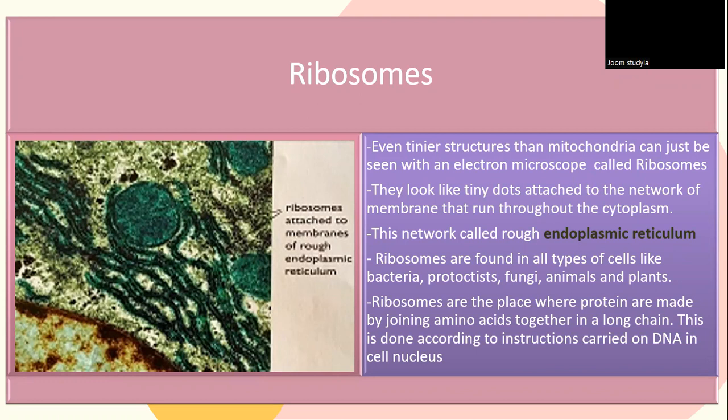And this network we call the endoplasmic reticulum. Ribosomes are found in all types of cells like bacteria, protists, fungi, animals, and plants. Ribosomes are the place where proteins are made by joining amino acids together in a long chain. And this is done according to instructions carried on DNA in the cell nucleus.